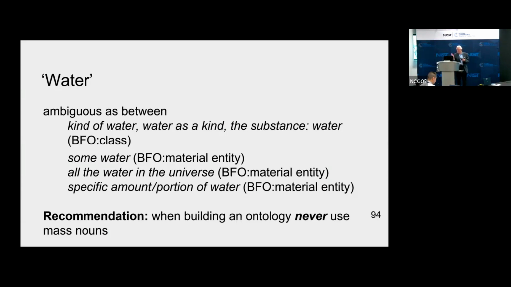And then there are 4 meanings of the word water. In ordinary English parlance, you could mean a kind of water, you could mean some water, you could mean all the water in the universe, you could mean exactly 1 pint of water. And here too, we see the problems that you get when you use a mass noun. You should use portion of water, which is a count noun.